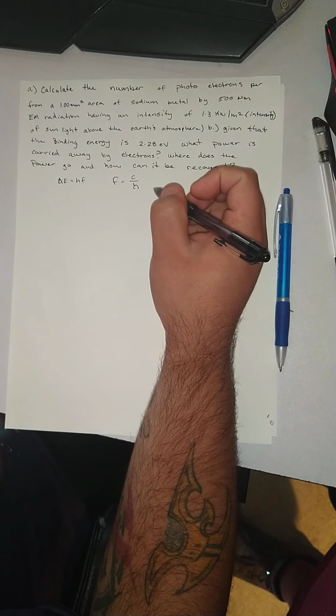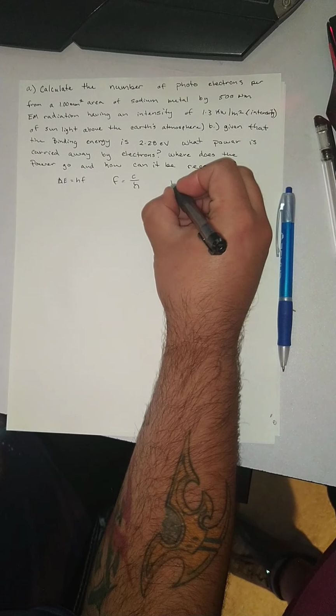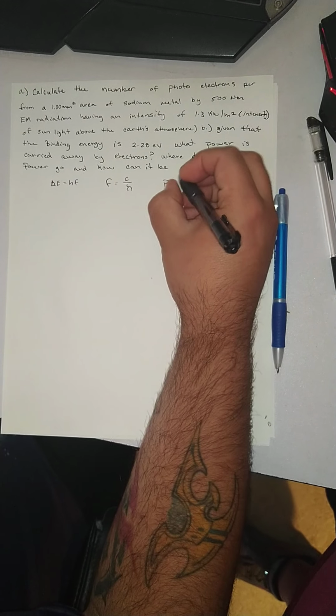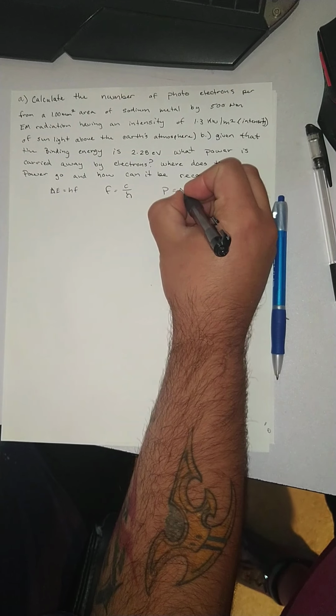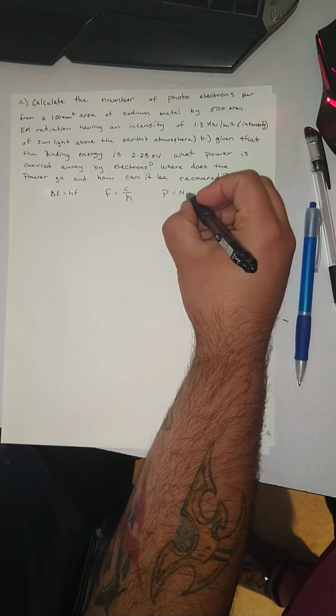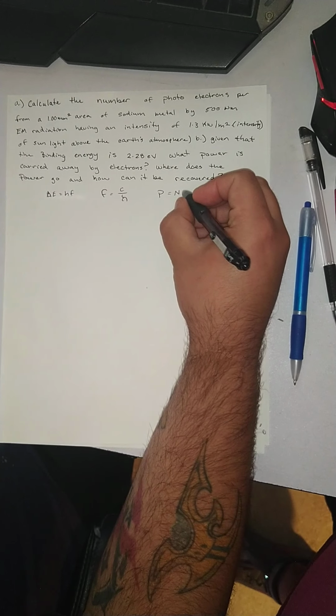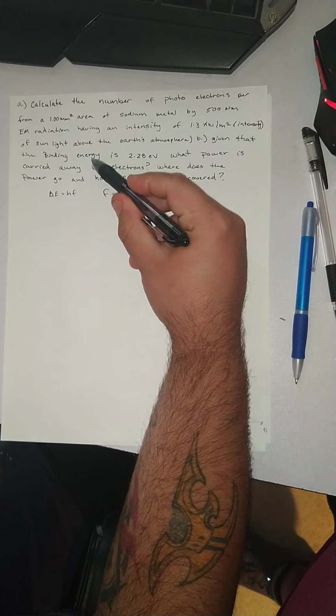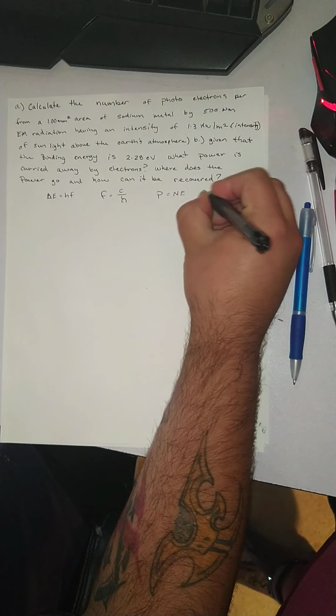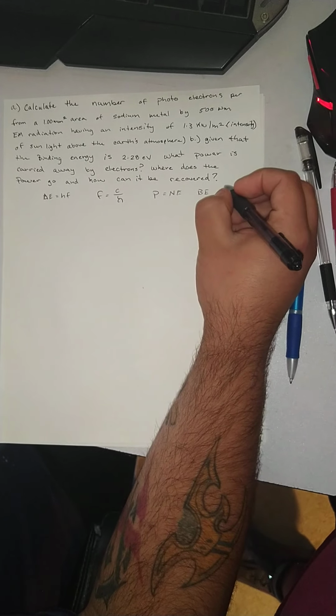In this type of problem, we're probably going to want to think of things like power. Power is the number of electrons ejected, which we'll denote with N, and E with energy. And as mentioned in the problem, BE is the binding energy.